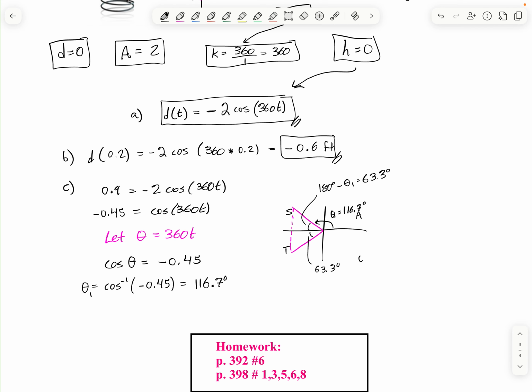So theta 2, this angle right here, is going to be 180 plus that related acute angle, for quadrant 3. So 180 plus 63.3 gives 243.3 degrees.